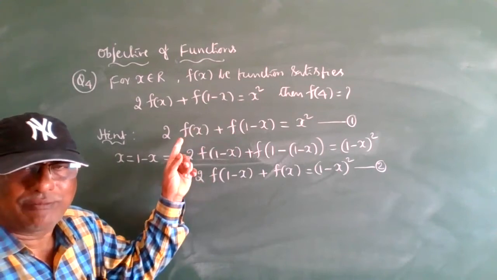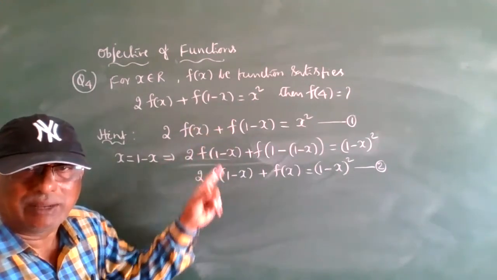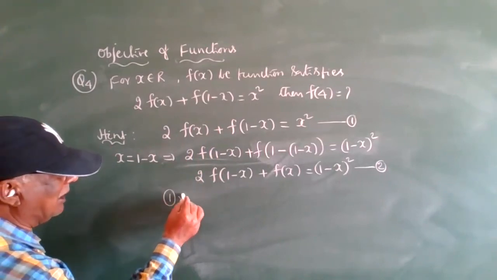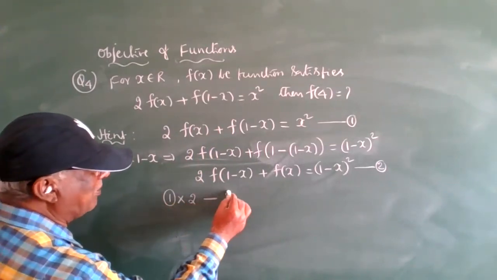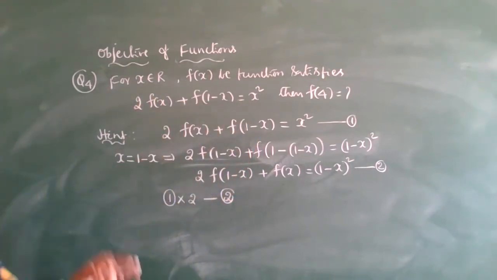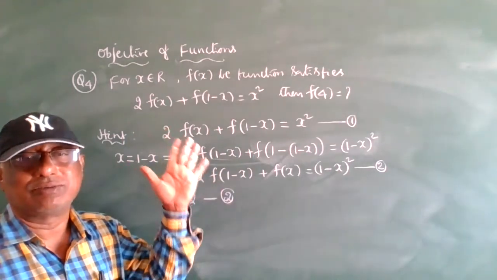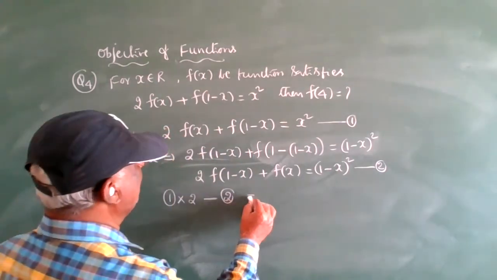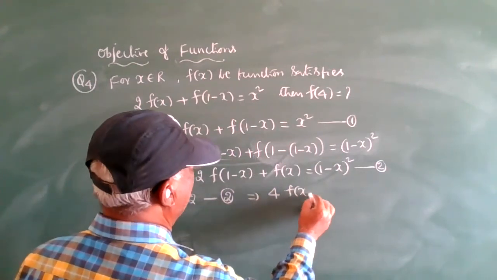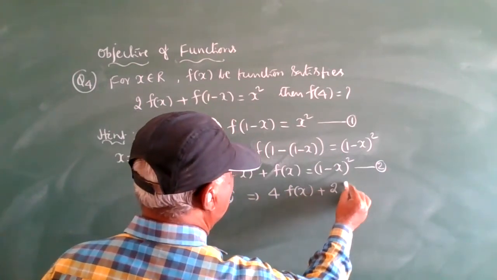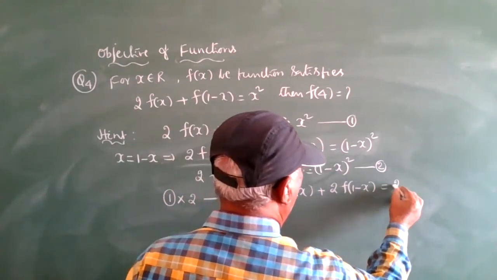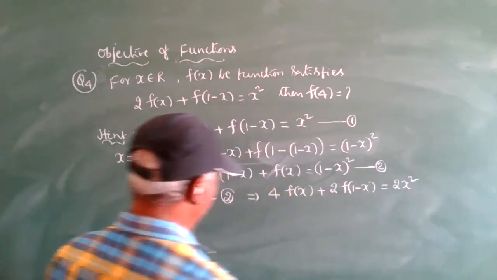In equation 1, I want f of x, so 1 minus x must be replaced. How can you replace it? Multiply the first equation with 2 and subtract the second equation. Automatically f of 1 minus x is cancelled and f of x we can get. First equation multiplied by 2: 4 into f of x plus 2 times f of 1 minus x is equal to 2 times x square.